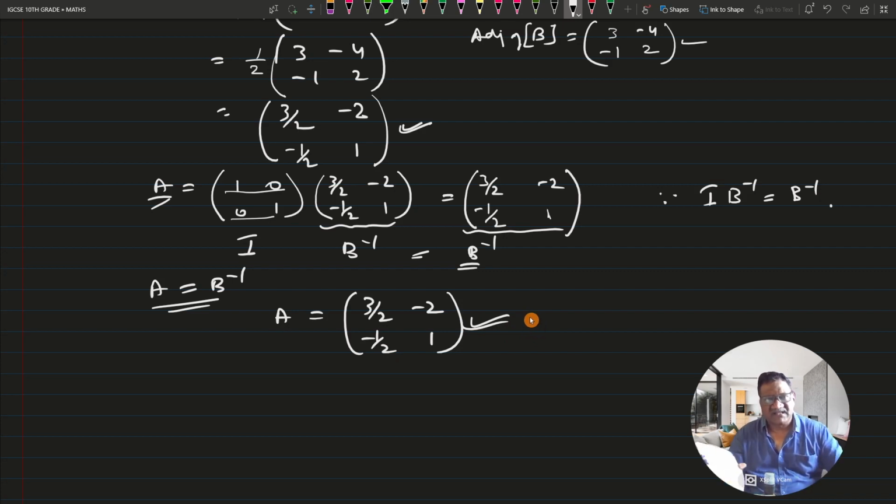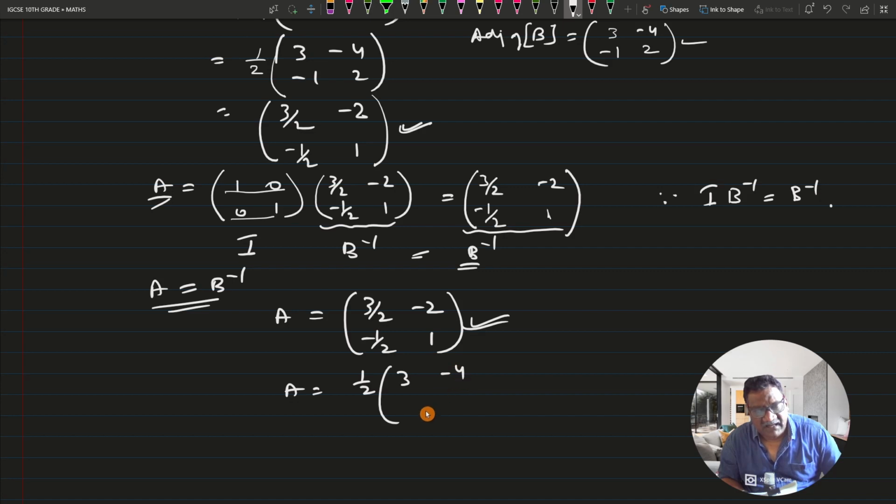Let us check the answer behind and verify whether it is correct or not. And question number 16's answer behind, in the book, the answer is given as A is equal to 1 by 2 times 3 and a minus 4 and a minus 1 and a 2. Now this answer is the same as this one.